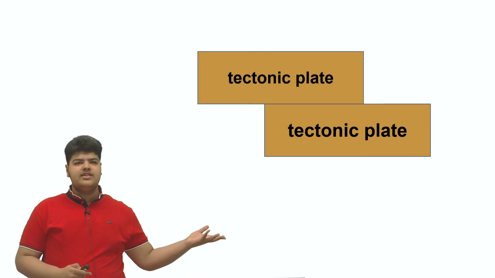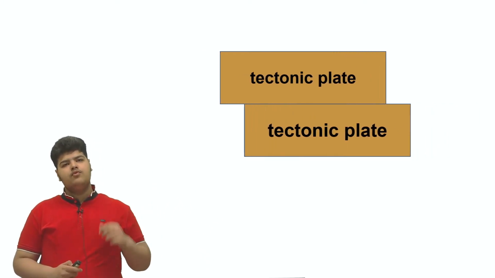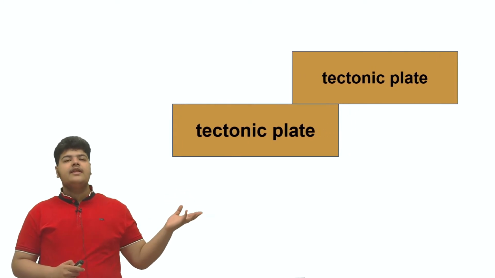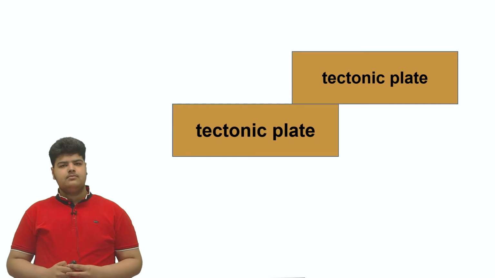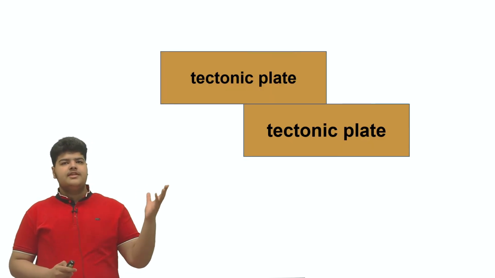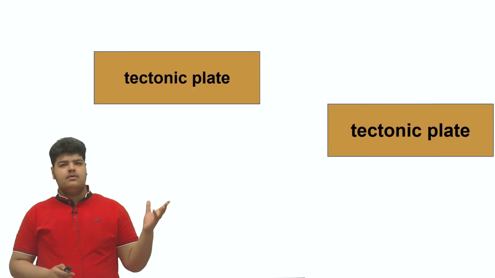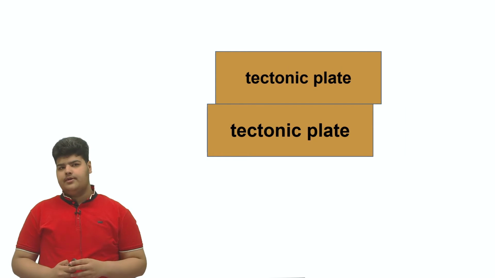Now here you can see two tectonic plates. These tectonic plates are constantly moving, like you can see here, and they are always dragging each other's surfaces. But sometimes these tectonic plates, when they are moving, lock each other at one point.